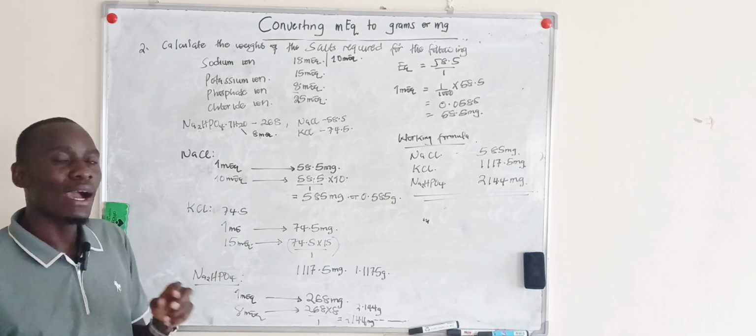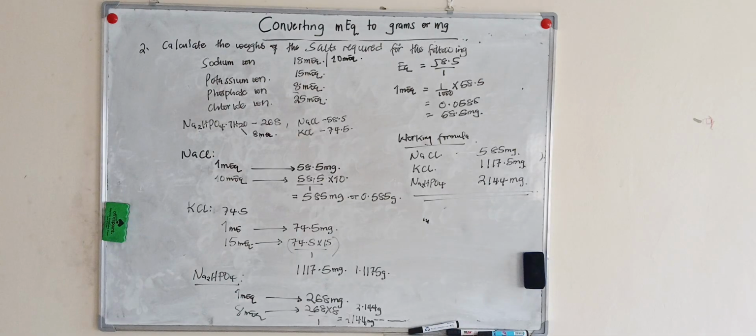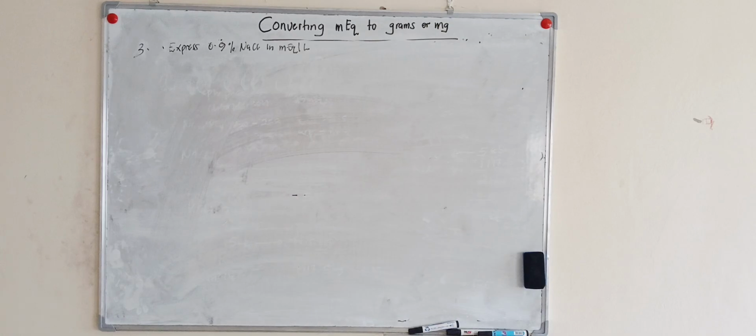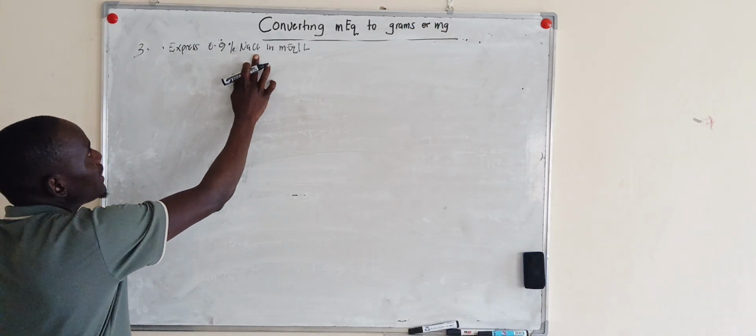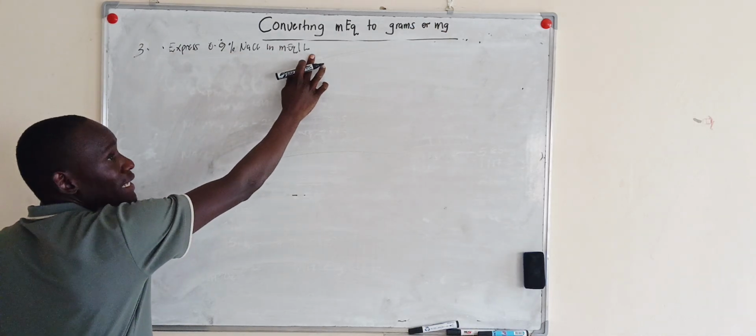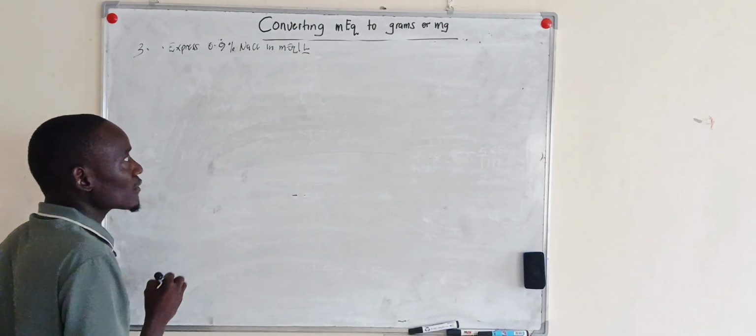Let's look at our third example. They are telling us to express 0.9% sodium chloride in milliequivalents per liter. So the guiding word here is per liter.